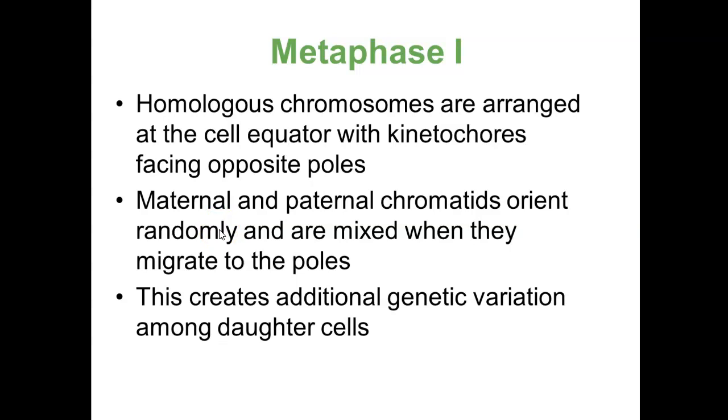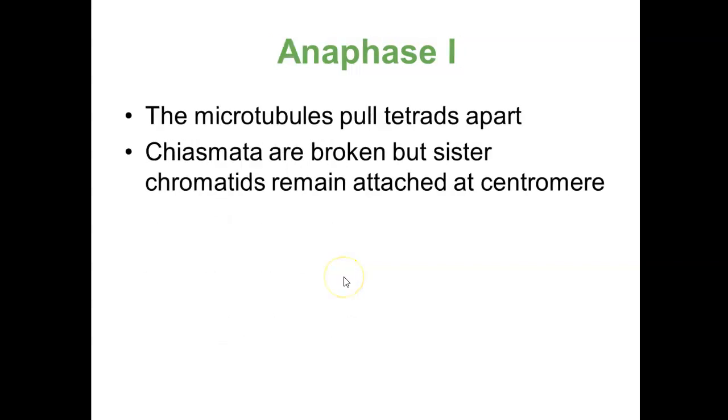And so you have many, many opportunities, in fact 8 million novel ways in a human being, in which you can combine one of each homolog pair in a given gamete. 2 to the 23rd is a nice big number that is 8 million and something. All right, and then at anaphase 1, we separate the tetrads.